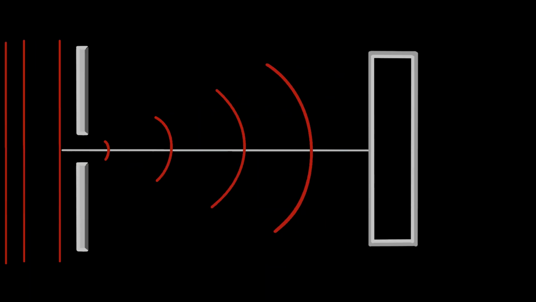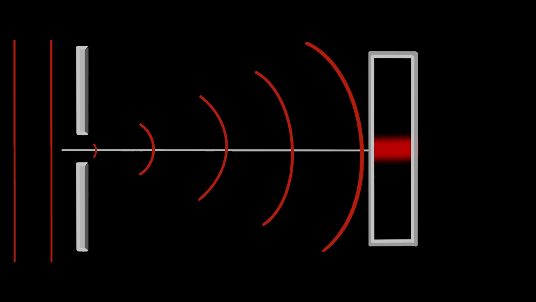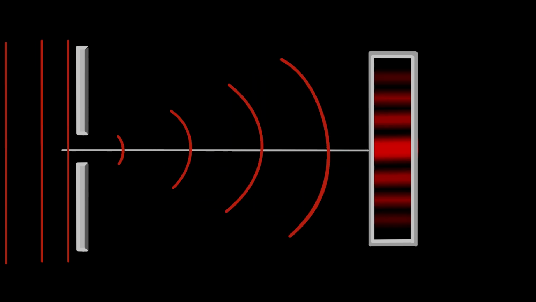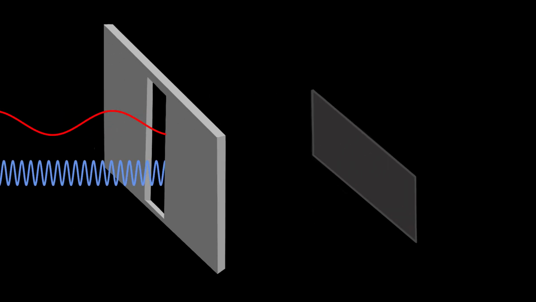Recall your undergraduate physics labs where you shone a laser through a slit. Because of the wave nature of light, the laser is diffracted as it passes through the slit, forming a characteristic pattern of peaks and troughs on the screen. The width of the peaks depends directly on the wavelength of light, and inversely on the diameter of the slit.